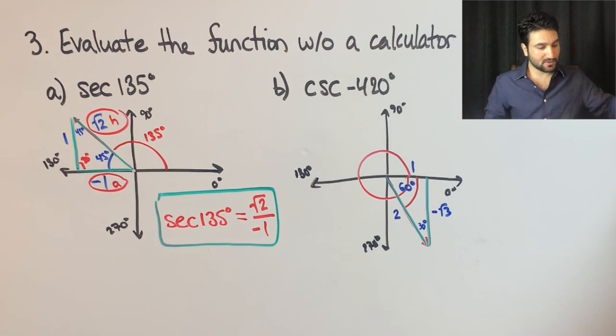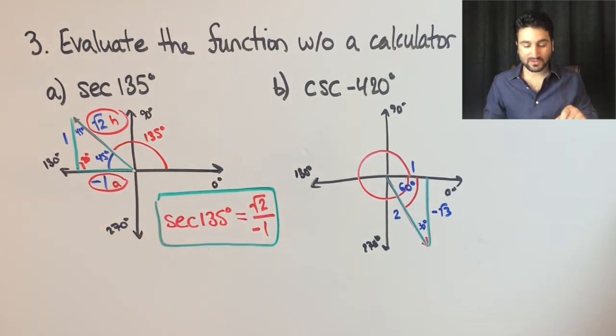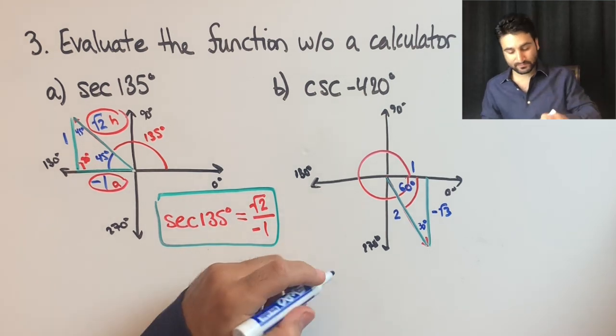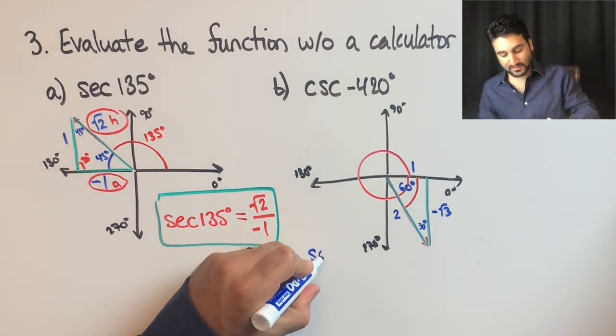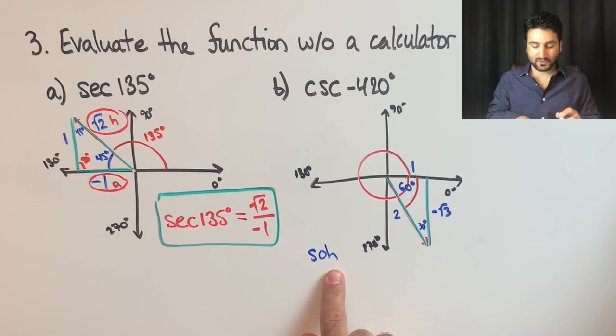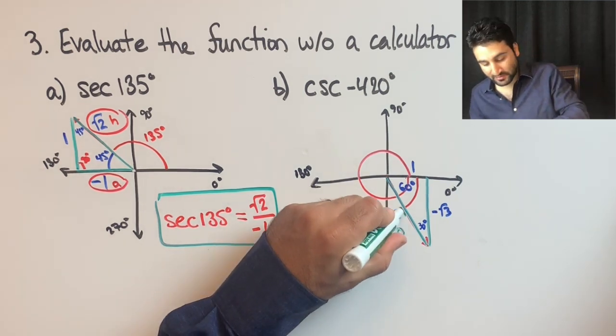Cosecant, from SOHCAHTOA, is the reciprocal of sine. Sine is opposite over hypotenuse, so cosecant is going to be hypotenuse over opposite.